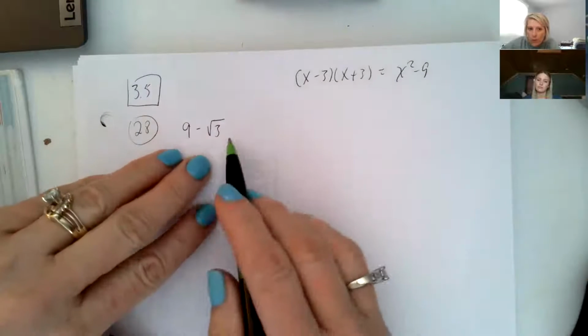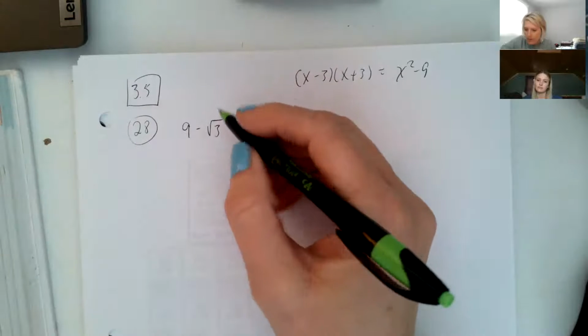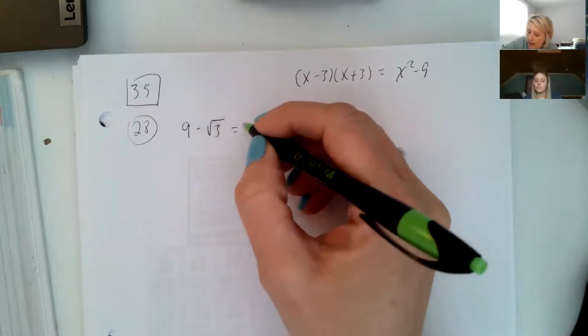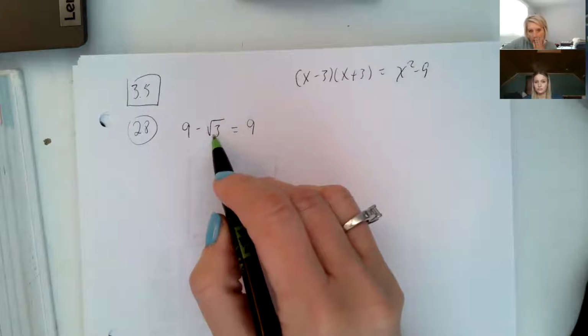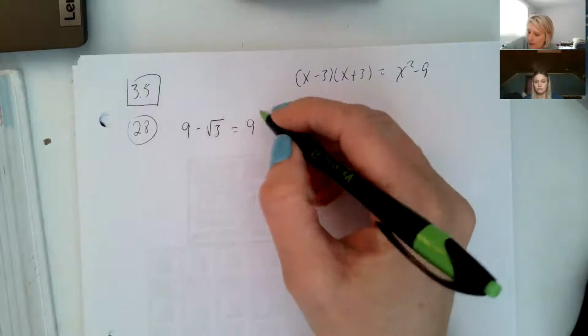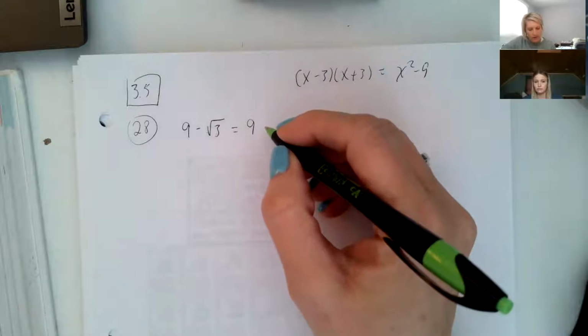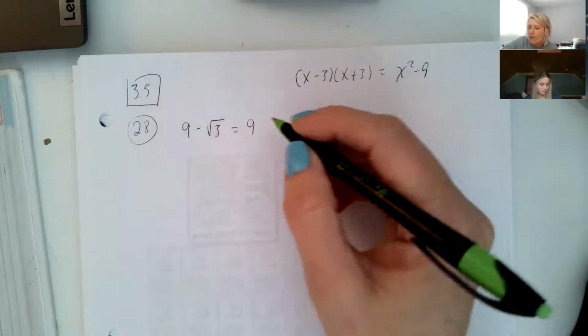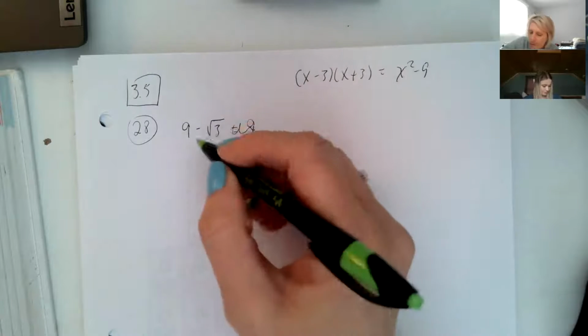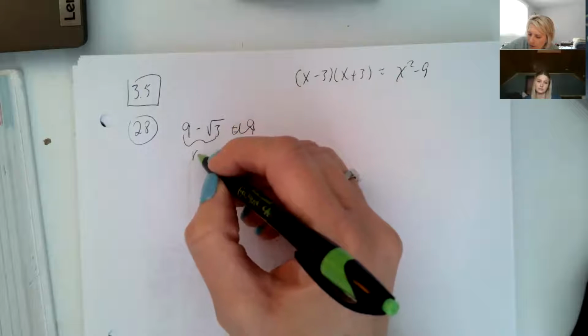And so when they multiply together, they make the perfect difference of squares. And so we want the complex. So this is going to be 9. And then the square root of a -3 is really, oh wait, is that a square root? Oh, 9 minus the square root of 3. Oh, so I see, that's all the real portion.